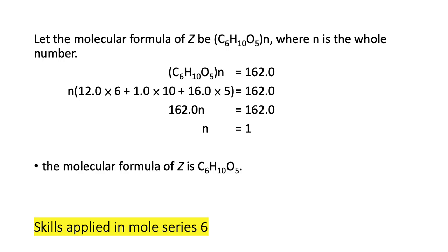After determination, you can find the molecular formula, which in this case is equal to the empirical formula. This also applies the skills from Mole Series 6. So here's how you find the empirical formula and molecular formula through a combustion reaction of organic compounds.